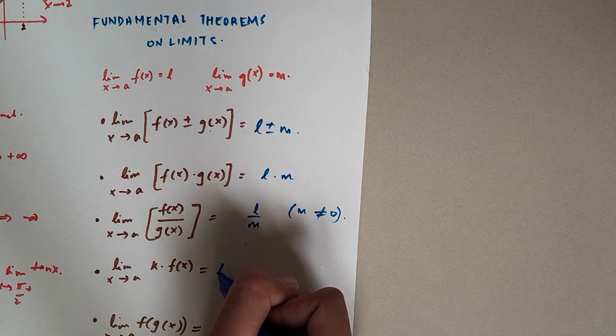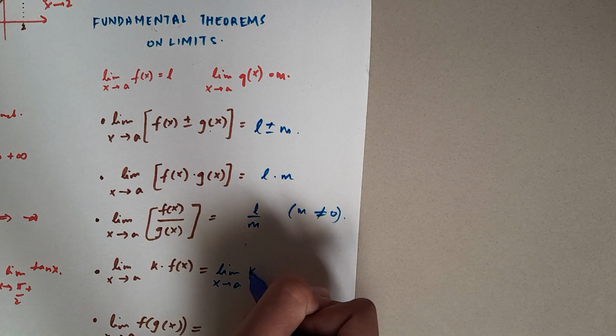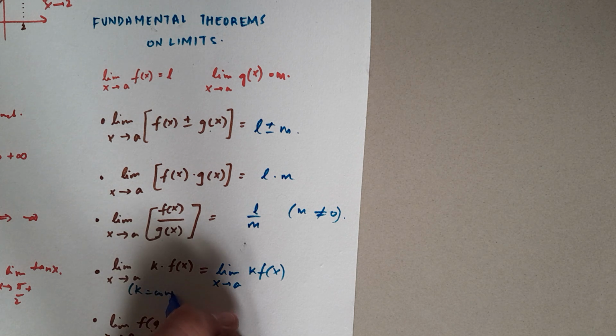This limit can be written as the limit as x approaches a of k times f of x, and here k is a constant.